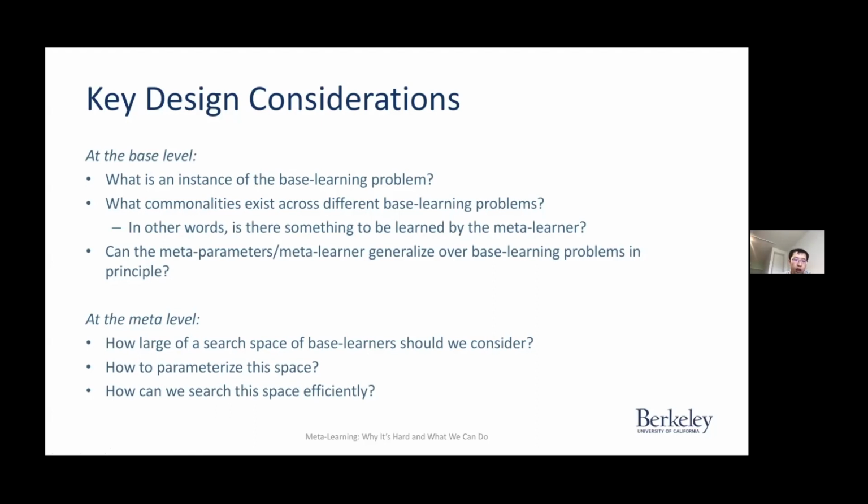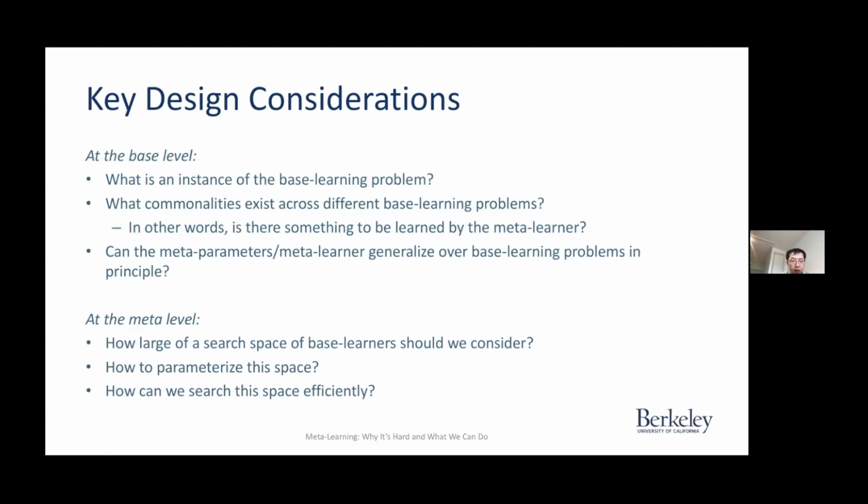At the meta level, there are three things that are good to consider. One is, how large of a search space do you actually want to consider? Do you want it to encompass the space of all possible base learners? Do you want it to be more specific to a particular family of problems, for example? Now, how do you actually parameterize this search space?